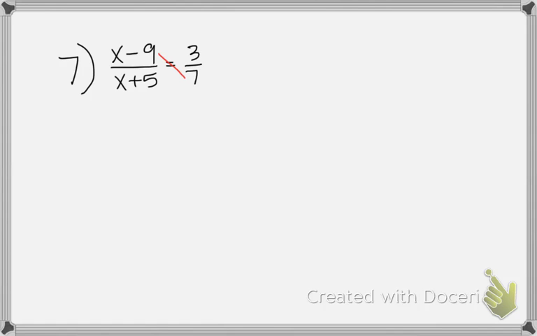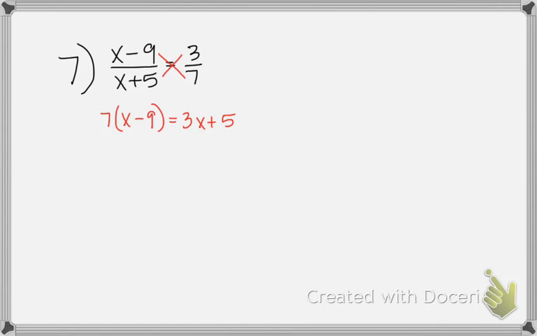So in this case, I would have 7 times (x minus 9). Notice that I put parentheses around x minus 9 because the 7 needs to multiply the entire thing, not just one part of it. So what would my other side look like when I do this part of the cross? 3 times x plus 5. What did I do wrong here?